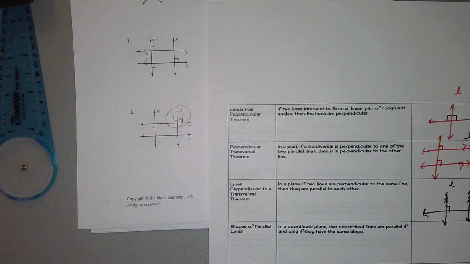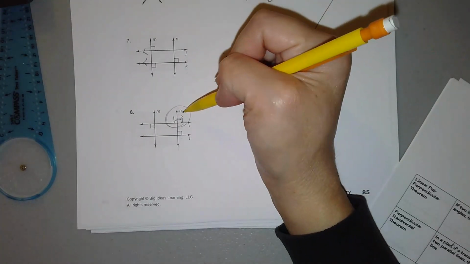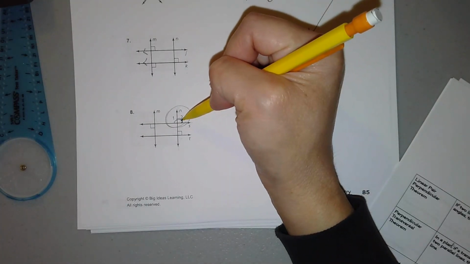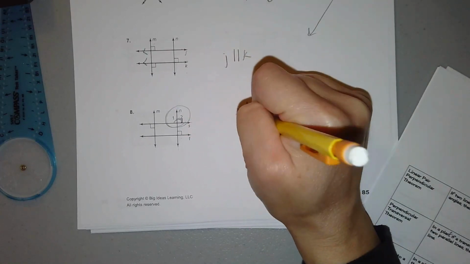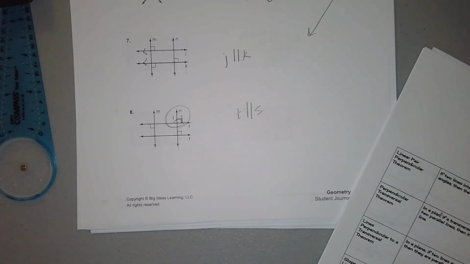Now that we know that, using the linear pair perpendicular theorem, we can say S is perpendicular to N, and T is perpendicular to N, so T and S are parallel because they're perpendicular to the same one.